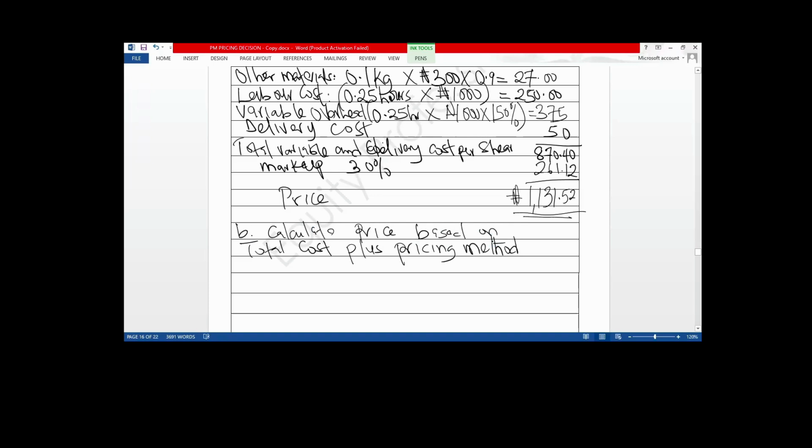That means we are going to take the variable cost and the fixed cost. So just come here to manage your time. Just pick the total variable and delivery cost.